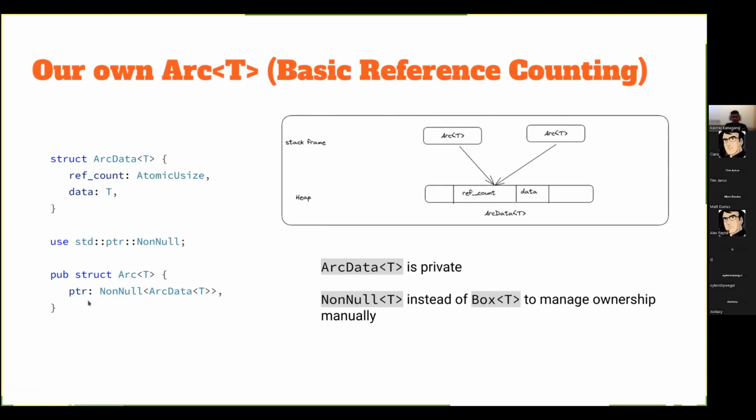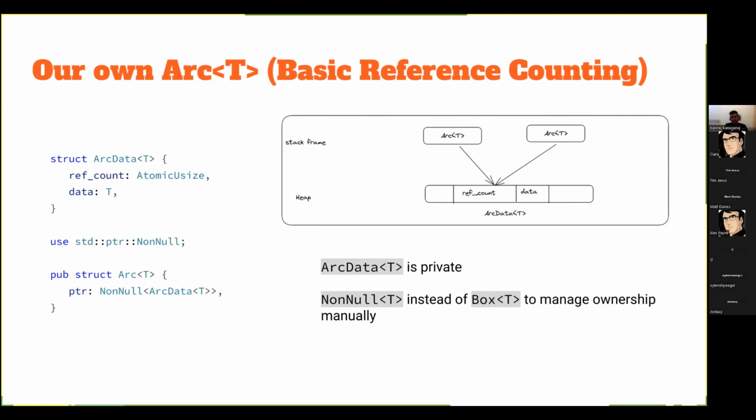One thing to note here is that we need some pointer to the ArcData. Usually we would create a Box pointer to the data, in this case ArcData, but we don't do that. Why? Because whenever you create something with a Box, you have exclusive ownership, and that ownership is gone as soon as the owner goes out of scope, and it will be deallocated automatically, which we don't want here.